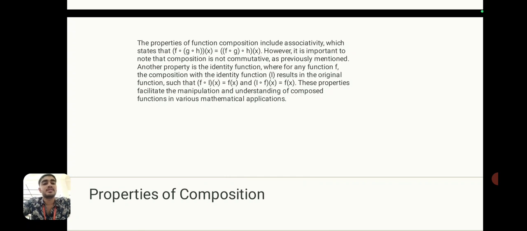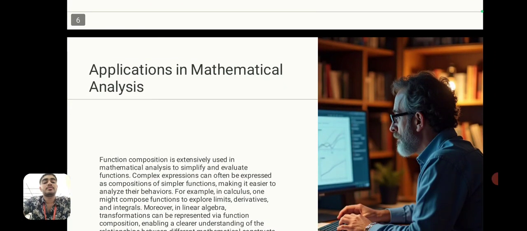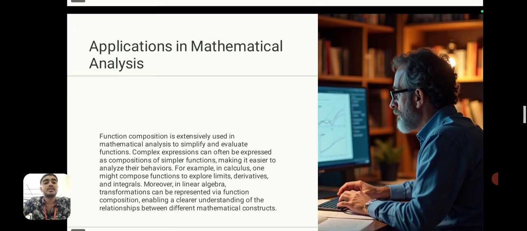This property facilitates the manipulation and understanding of composed functions in various mathematical expressions and applications. The properties of function composition are mentioned here.